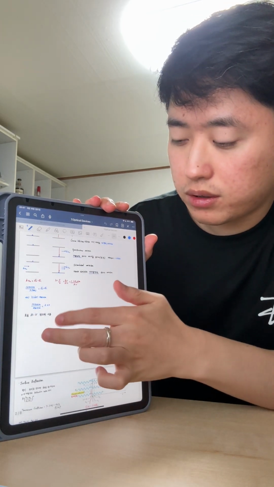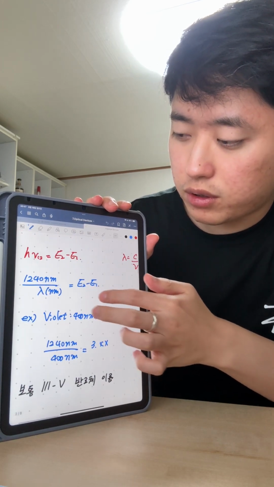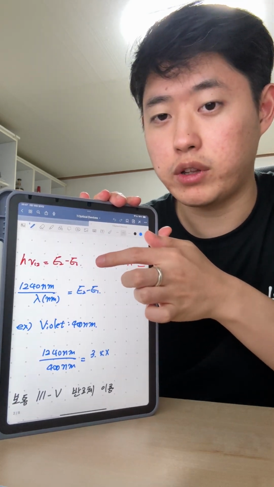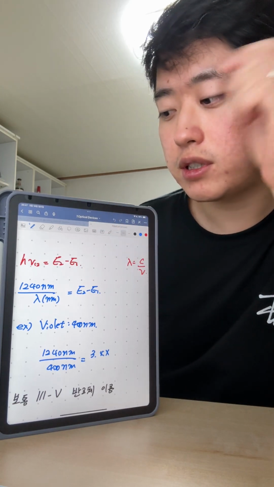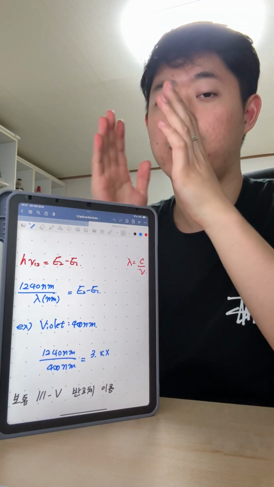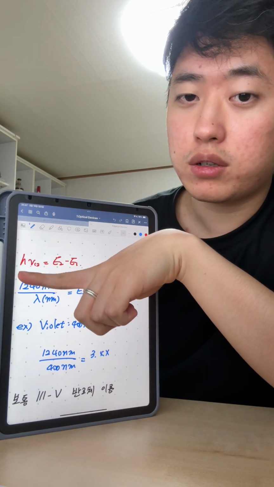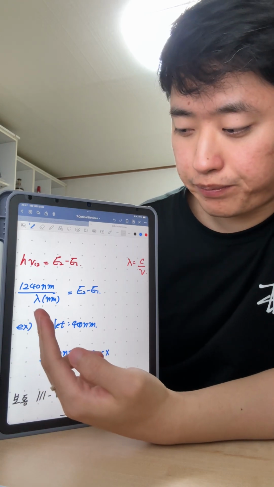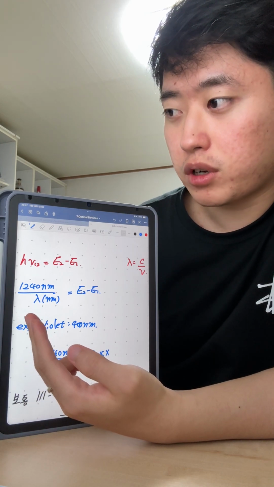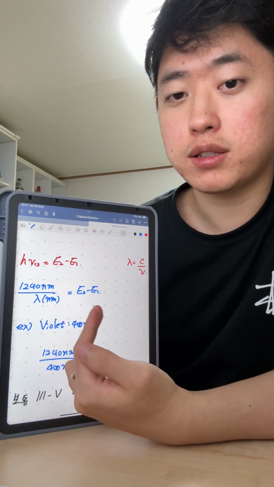So this is what they said: h is the Planck constant and v is the frequency, and it can be calculated approximately by this.